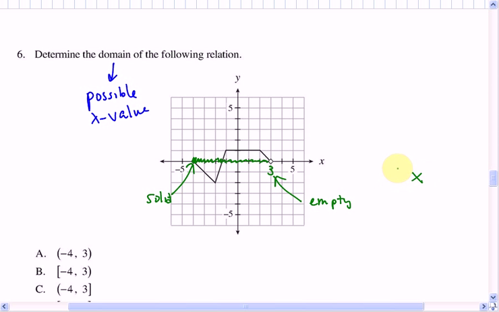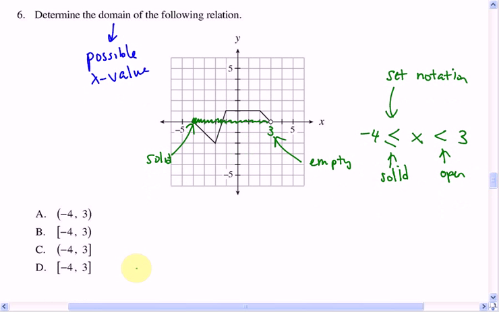If you wrote down this solid dot, right, you want to include 4. Open dot, because you don't want to include 3. That's correct, but this is what we call set notation. That's in the textbook. But then if you look at your answers, this is all in interval notation.